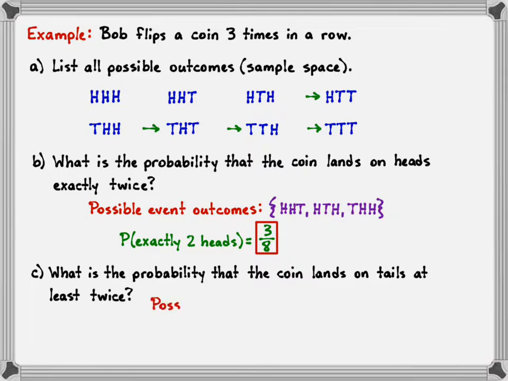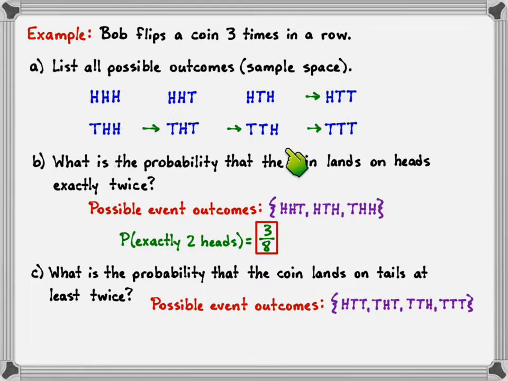And so our event outcomes are those 4 things listed out. And then our sample space would be all 8 of these options. But our probability of at least 2 tails is going to be 4 out of 8, which reduces to 1/2. And so that wraps up the lesson for probability of a single event.